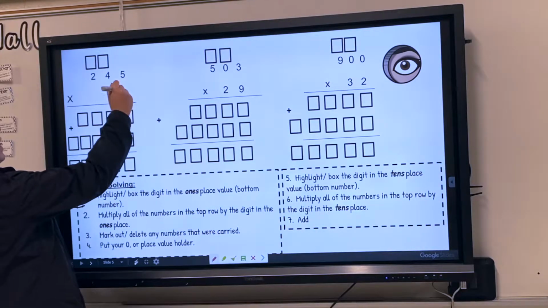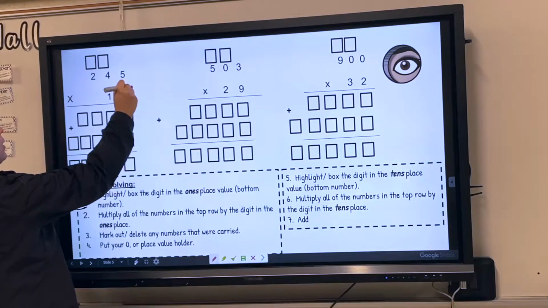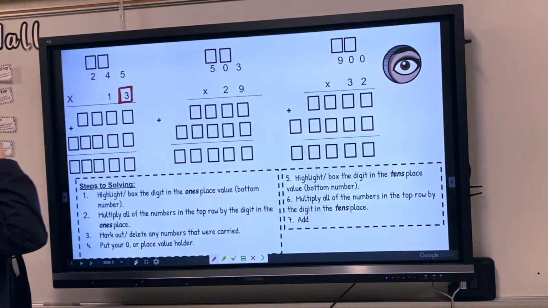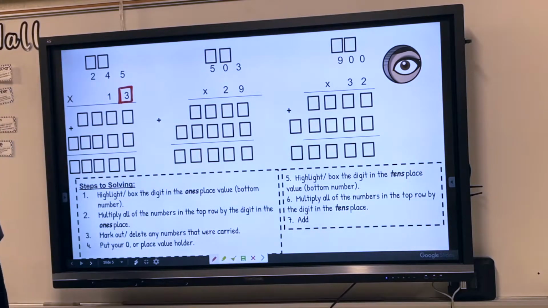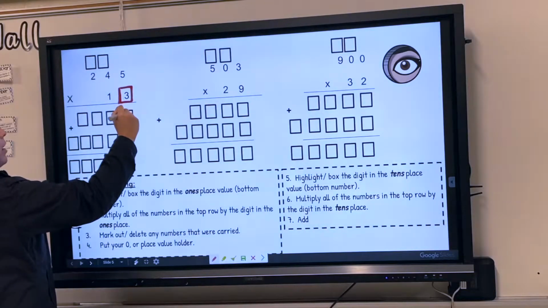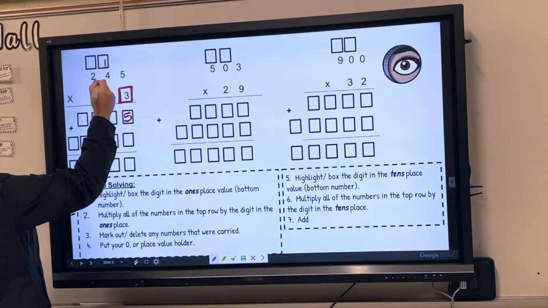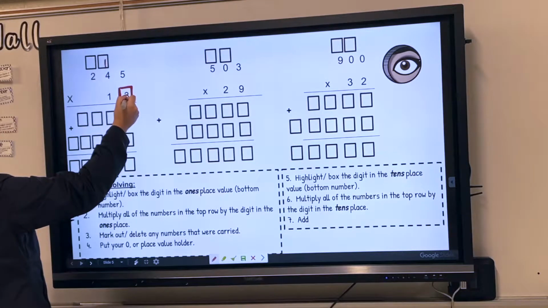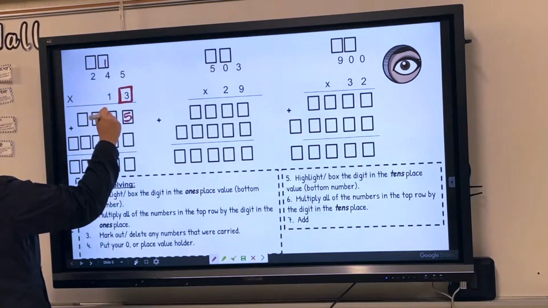First step is I'm going to box my 3 or highlight it so my eye goes specifically to that number so I don't accidentally use the 1. Now I'm going to multiply. 5 times 3 is 15. I'll put my 5, carry my 1. 4 times 3 is 12. 12 plus 1 is 13.